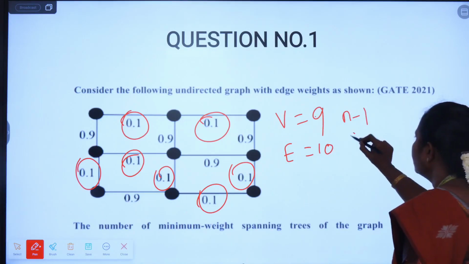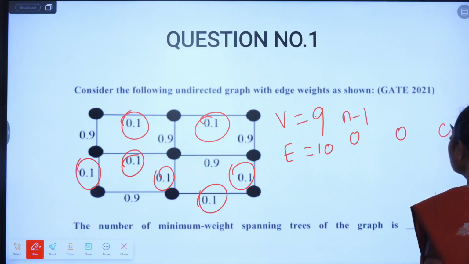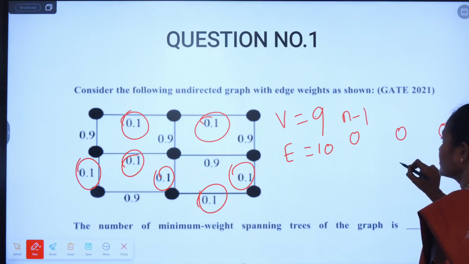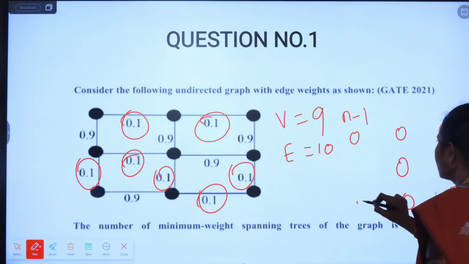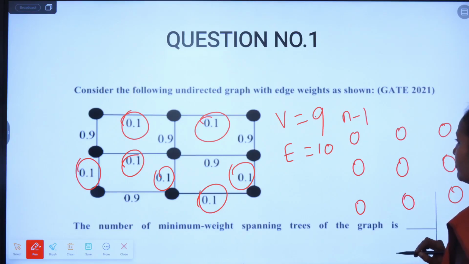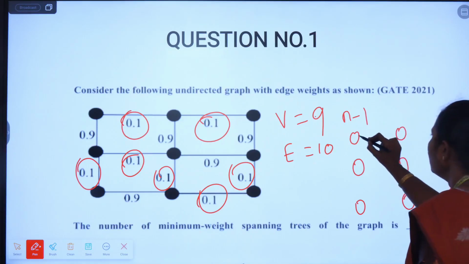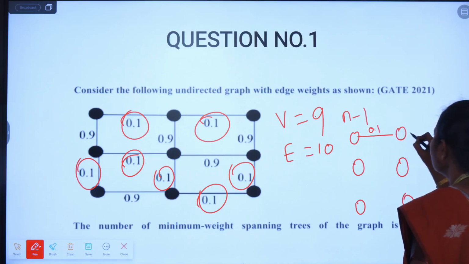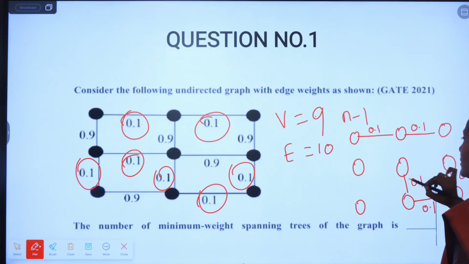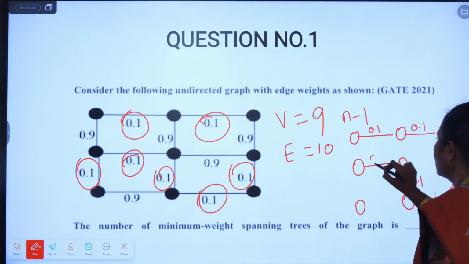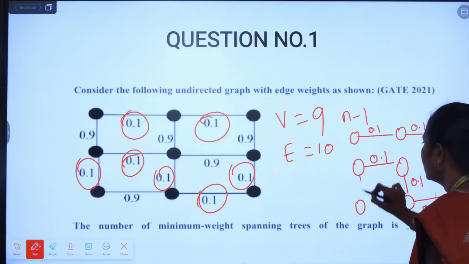Consider all the vertices here, and then the minimum weight edges are this one, this one, this one, and then we have this one.